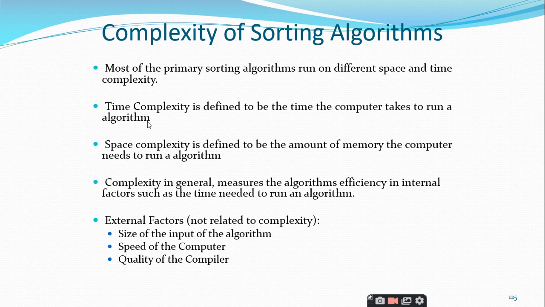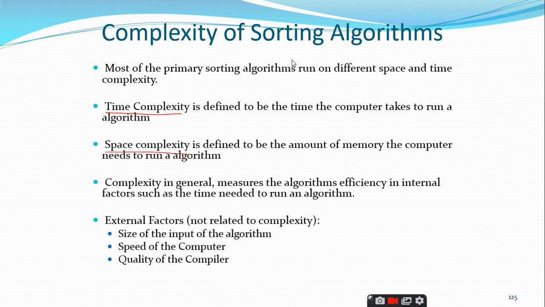As I told you, irrespective of what algorithm you are implementing, whether a search algorithm, a sorting algorithm, or some other operation, the efficiency of the algorithm can be calculated with the help of two parameters, that is the time complexity and the space complexity. In the previous discussions also we have gone through these terminologies. Most sorting algorithms take different spaces and different times to execute.